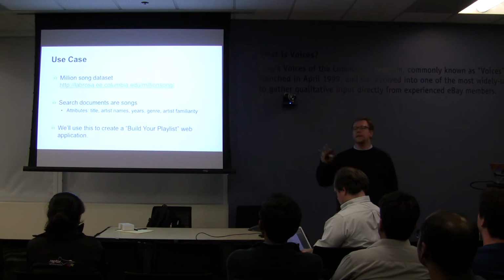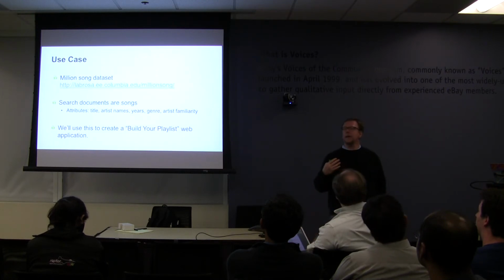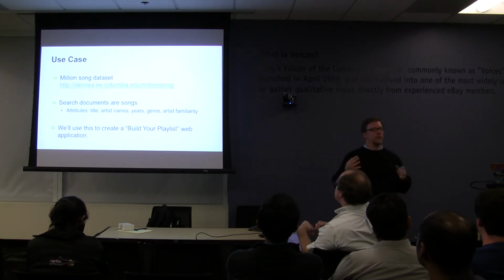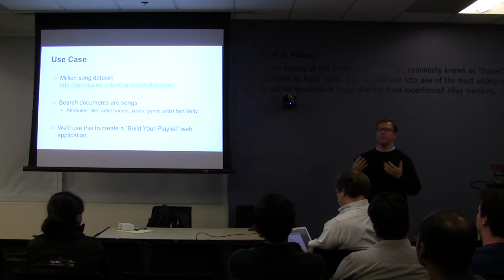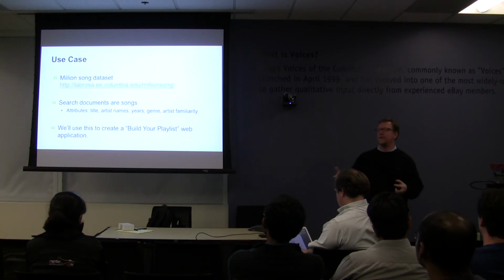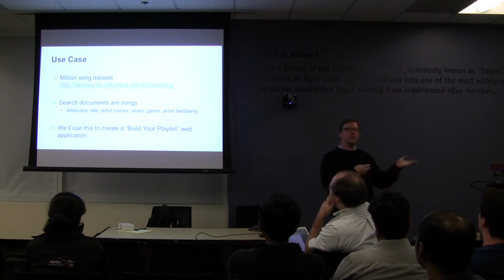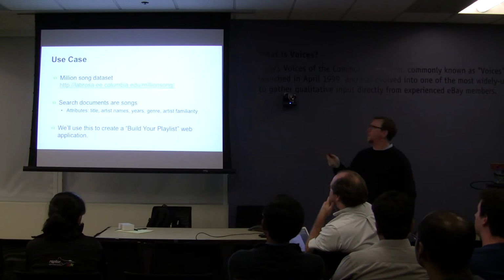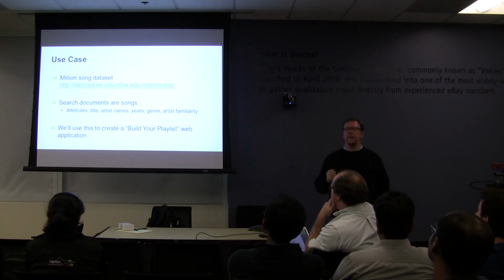We want to construct an application for somebody looking for important songs from a particular time in their life. Something like: I was getting married and had all these favorite songs, it's my anniversary, and I'm going to give my spouse a present, so I want to build a playlist, buy that playlist and burn it off. So we are going to use the Million Song Dataset to support that kind of application.